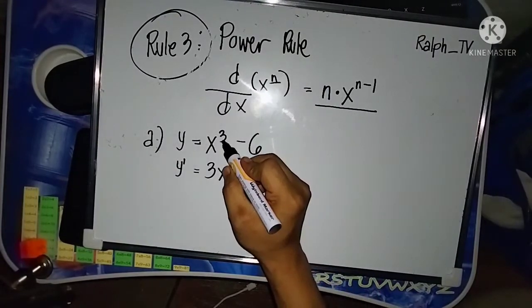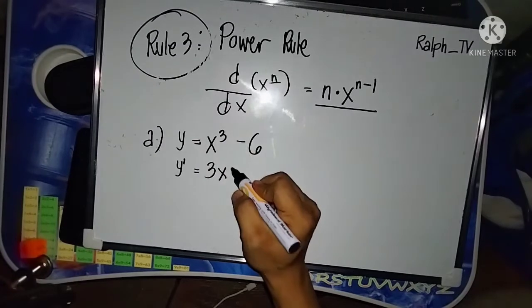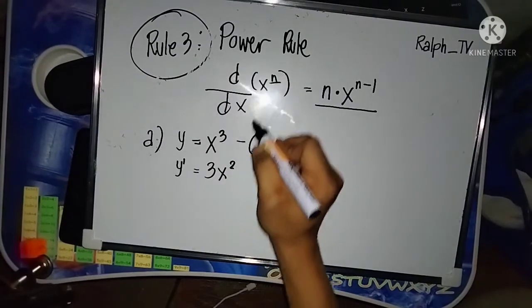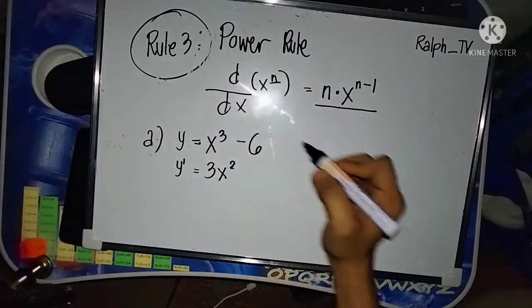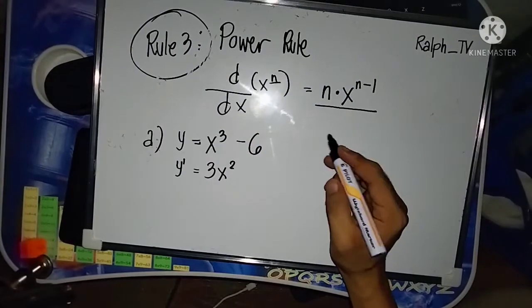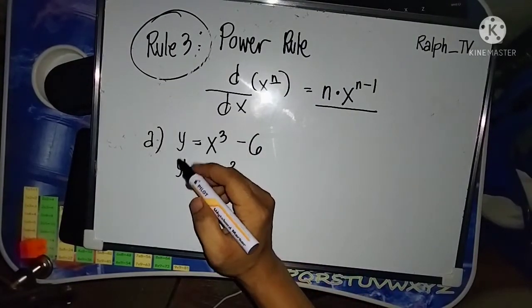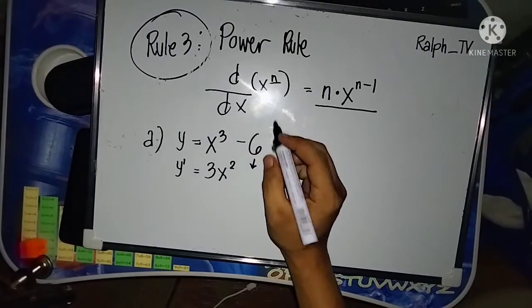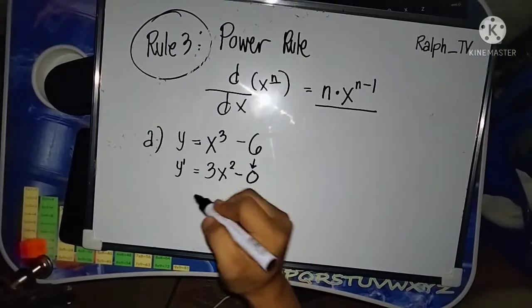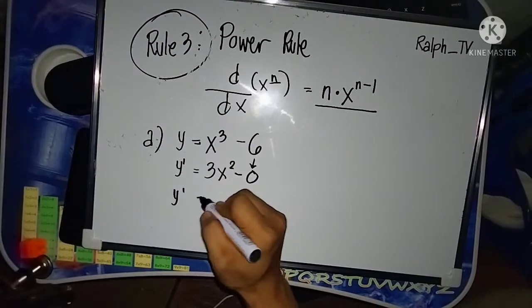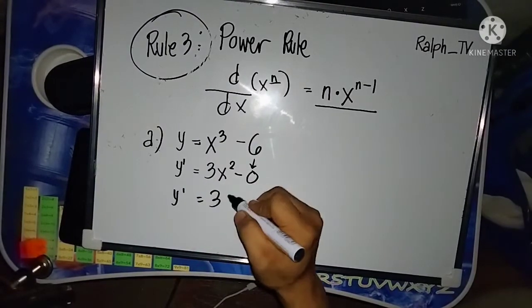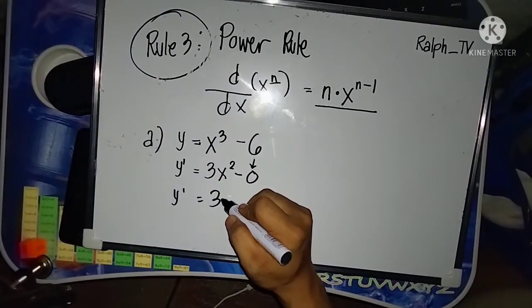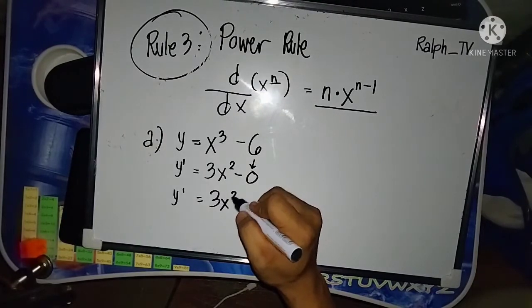So, 3 minus 1, so magiging 2. Kasi ito yung power rule. Ito yung kanyang rule. Tapos, the derivatives of a constant is 0. So, we have y prime is equals to, copy lang natin to, x squared. So, yun yung answer.